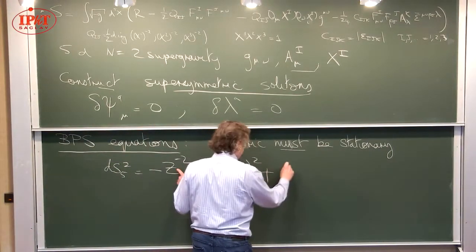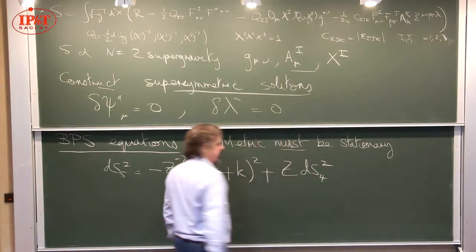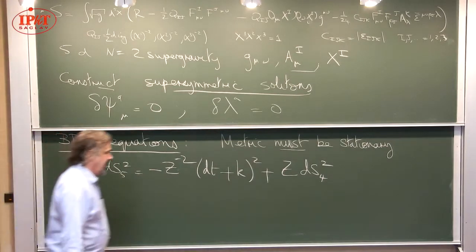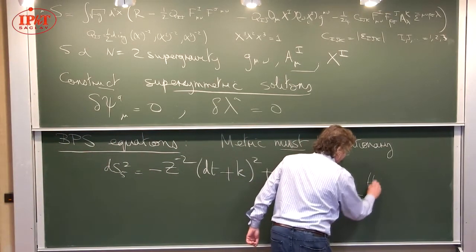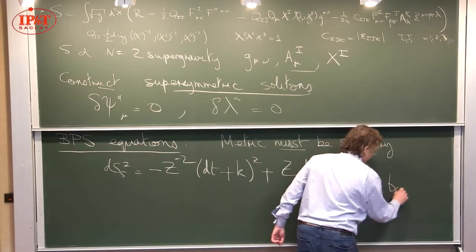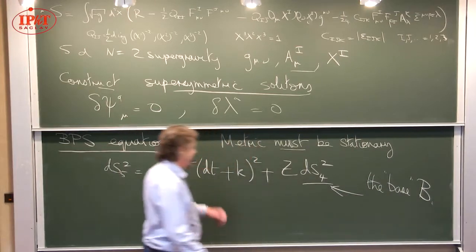And then, just for convenience, I'm going to put the same factor of Z in front of a 4-dimensional metric, which will henceforth be called the base B of the manifold.